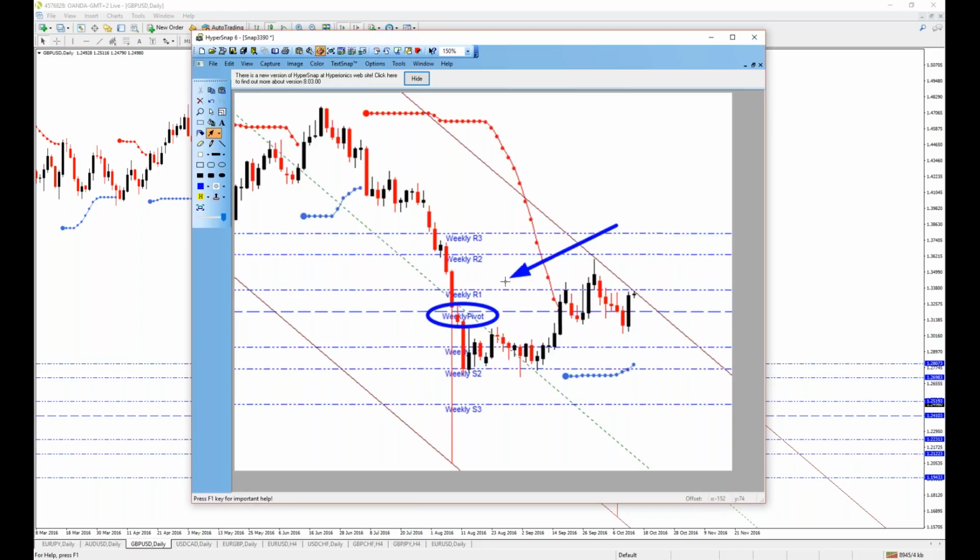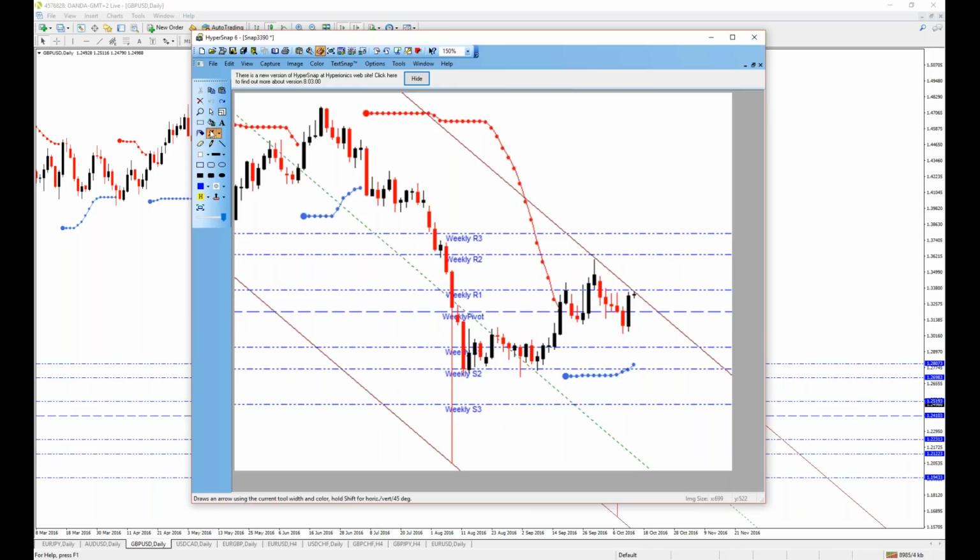Above that, you will have R1, which stands for resistance 1, R2, resistance 2, and R3, resistance 3. On the bottom side, some of this you cannot see, but you have an S1, support 1, an S2, support 2, and an S3, support 3. We use these pivot points as targets.